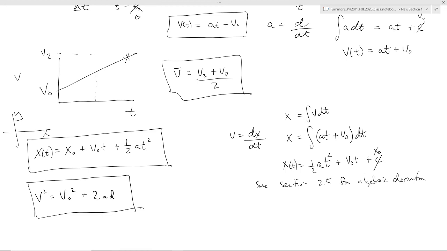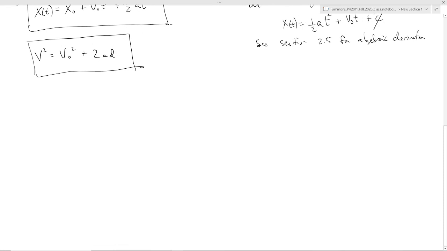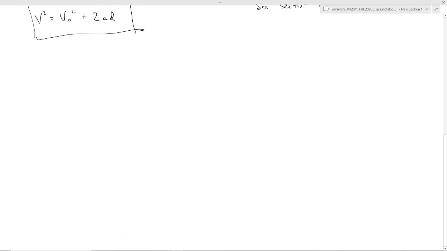So let me show you an example. The example that I want you to consider is runway design. Here's the situation that I want you to consider.